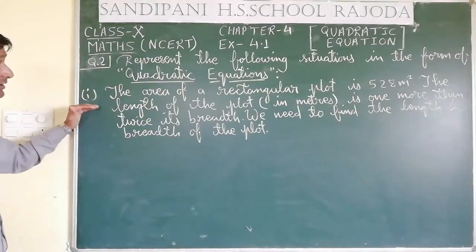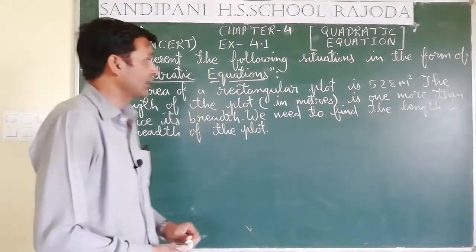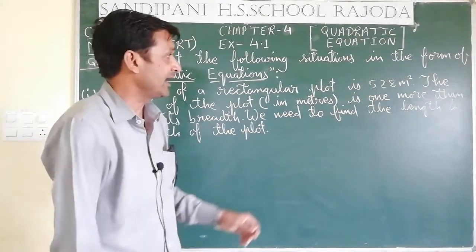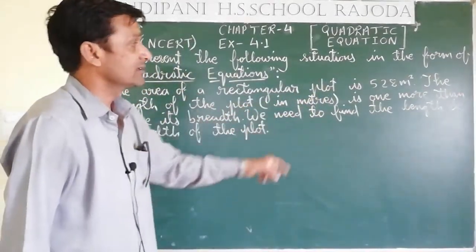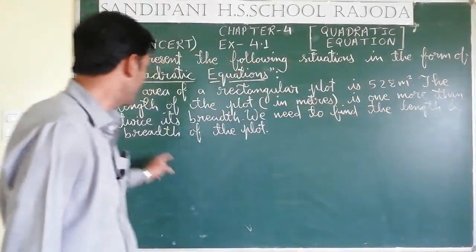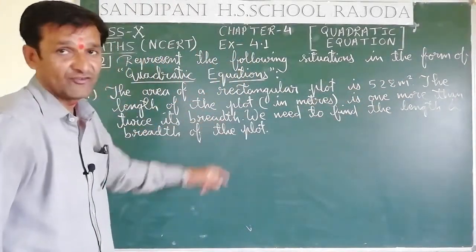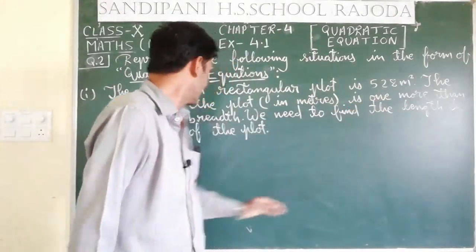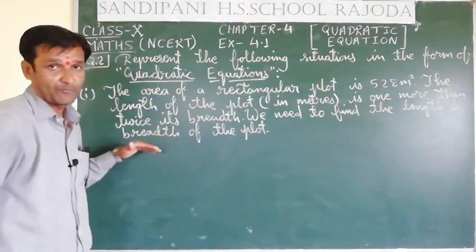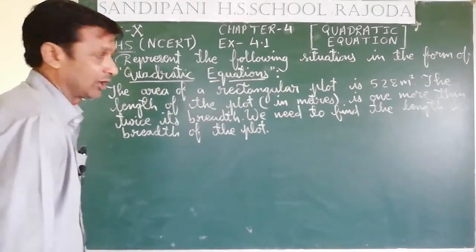Question is, the area of a rectangular plot is 528 meter square. The length of the plot in meters is one more than twice its width or breadth. We need to find the length and width or breadth of the plot.